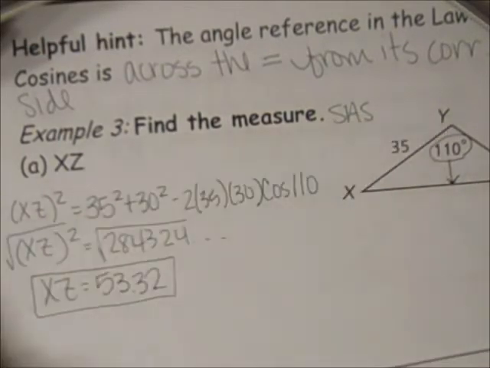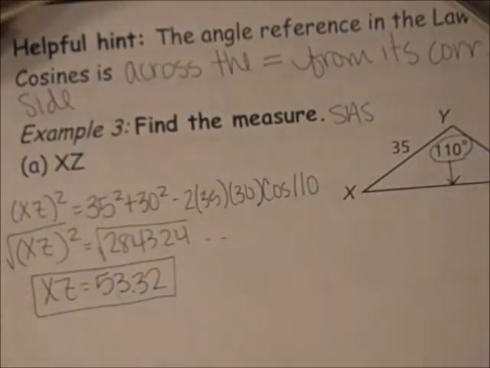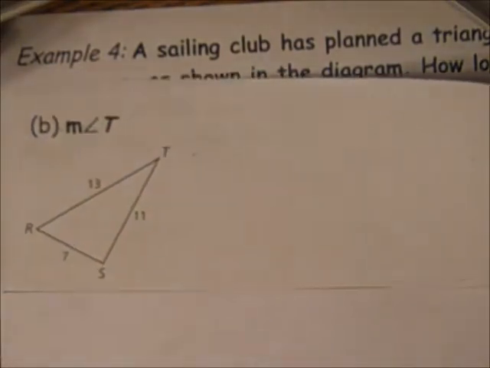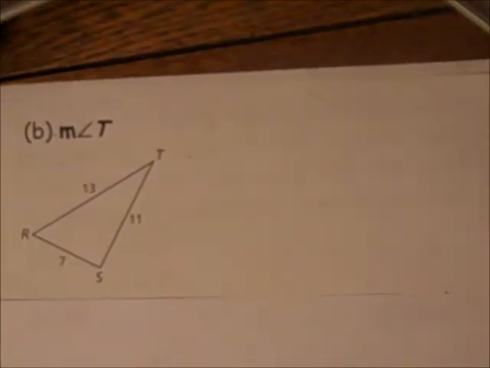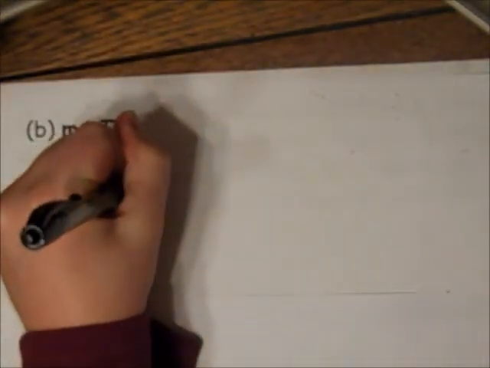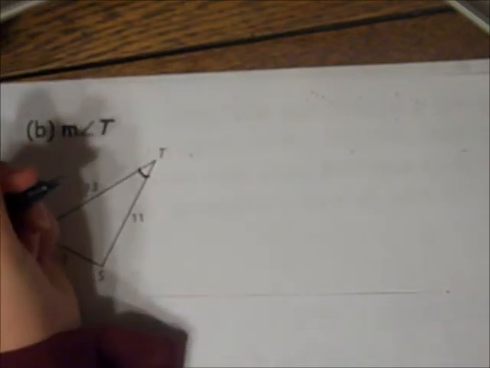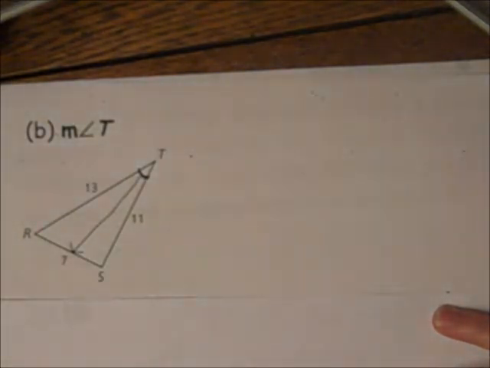Okay? All right, let's try another one together. Okay, so this time we're after an angle measure, which is a little bit more work, but the setup is still the same. So I'm going to be after angle T. That's important to know which angle you want, because you need to know which side belongs over on the left by himself.